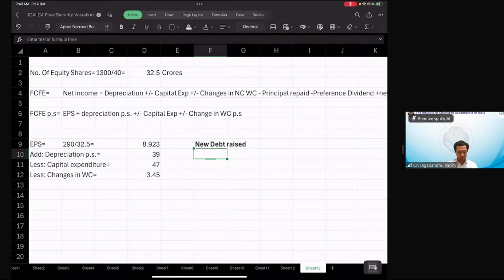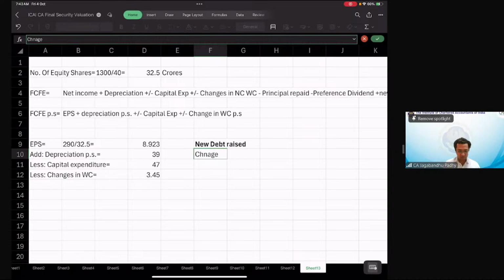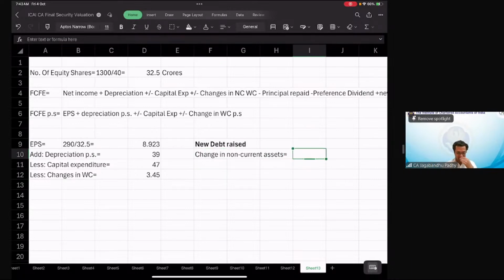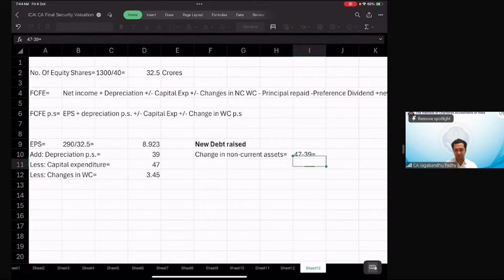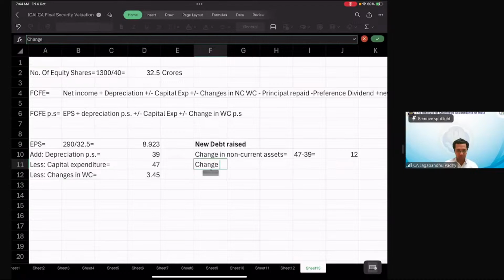So to calculate the net new debt raised, we will say, what is the change in non-current assets? How much is the change in the non-current assets, guys? Can I say 47 is the capital expenditure, out of which, of course, 39 is getting depreciated. So the net increase in the capital expenditure, which is capex minus depreciation, is 12. So your fixed assets are increasing by 12. And what is the change in current assets?